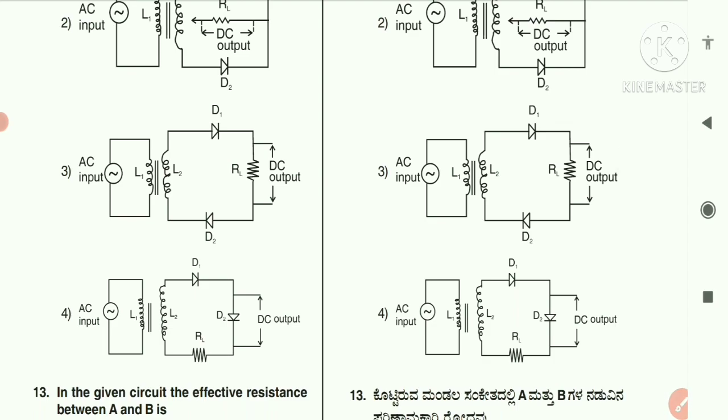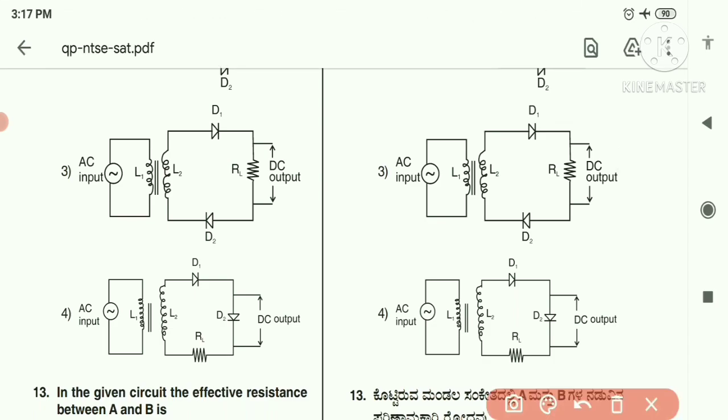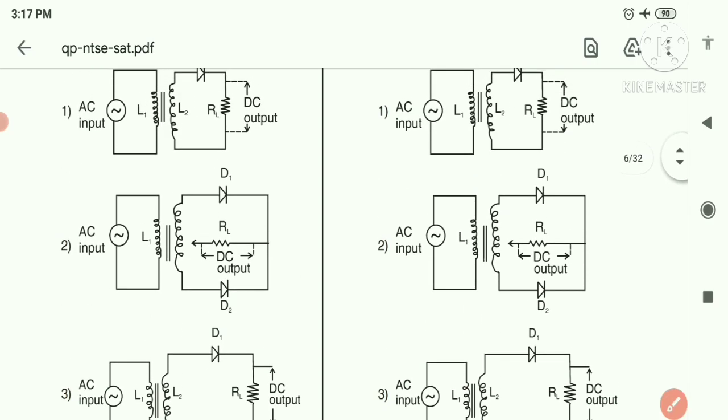Okay, it is wrong here, the diodes are given wrongly. The direction of the diodes is wrong. So next, the fourth one, resistance given here. Okay, this one is not the correct answer. Okay, the second one is the correct answer.